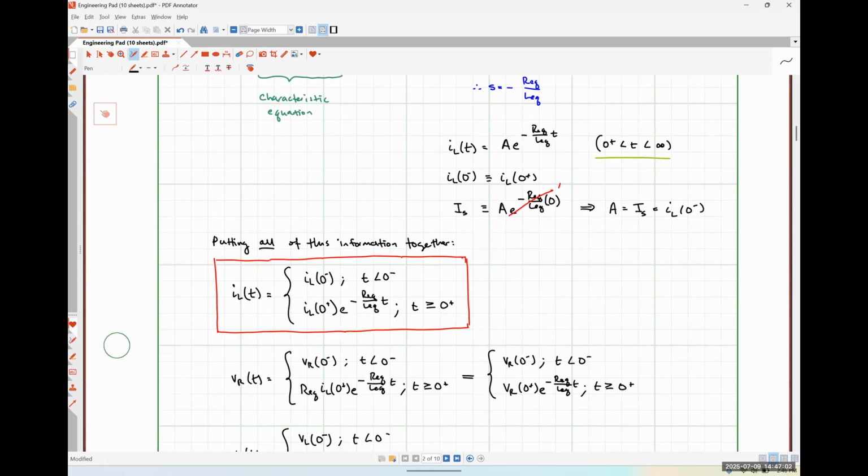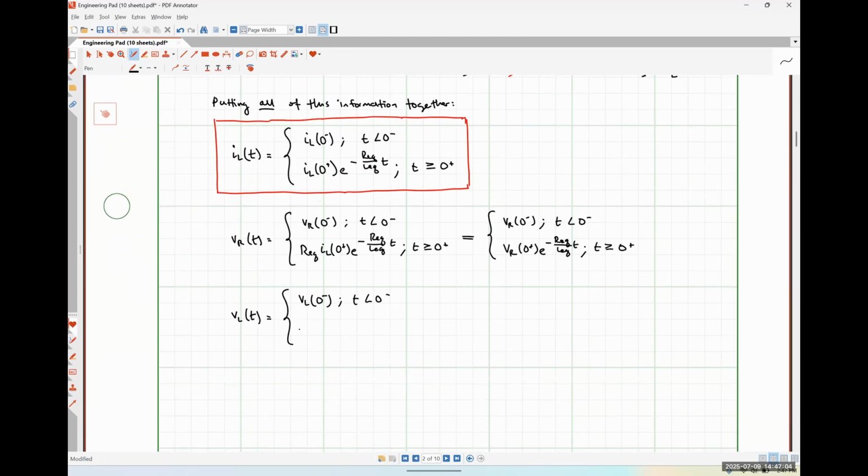So that would just be negative VR at 0 plus, e to the negative REQ over LEQ times time, for t greater than or equal to 0 plus. But negative VR at 0 plus is just VL at 0 plus.